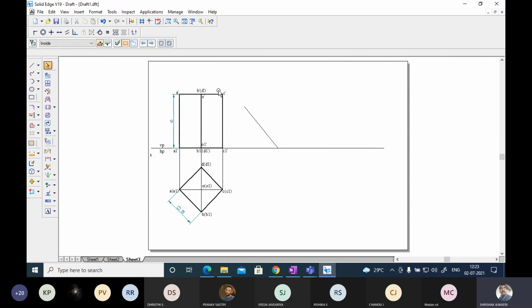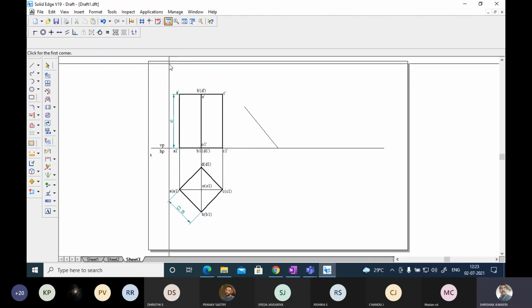And in the initial positioning, instead of resting on the corner, if you have taken resting on one of its base edge, the whole problem will become wrong. Especially in projection of solids, the manual sketch as well as this sketch takes a lot of time. With the wrong initial positioning, if you continue the problem, the entire problem will become wrong and you will not get the marks. Try to be very, very careful in the beginning.